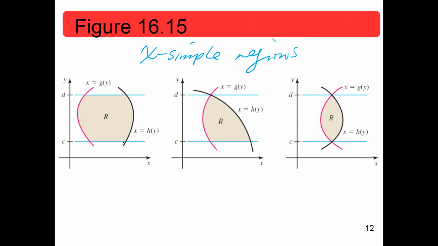Again, y is bounded by two constants, so two horizontal strips, and my x will be bounded by two functions. So you can always draw an arrow in the horizontal direction representing the x function.